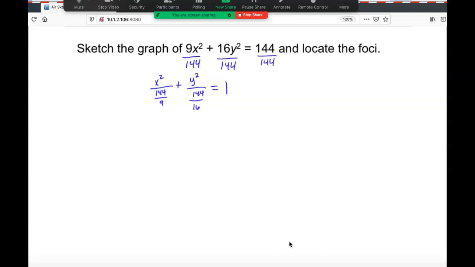But the nice thing is 144 over 9 reduces neatly. 144 divided by 9 is 16. So this is really just x squared over 16 plus y squared over 9, since 144 divided by 16 is 9, equals 1. All right, right there you should be able to tell me what type of ellipse this is. Is it going to be a horizontal ellipse or a vertical ellipse?